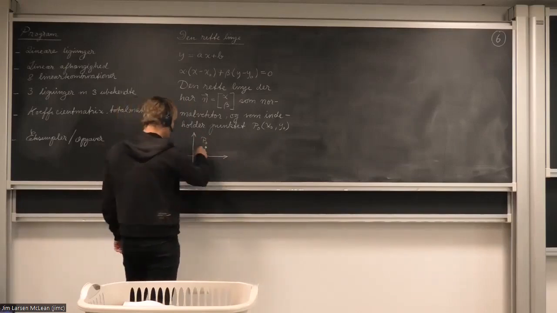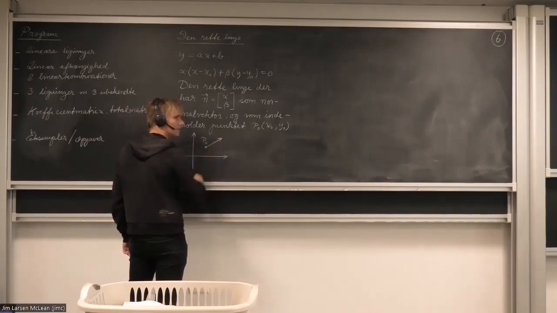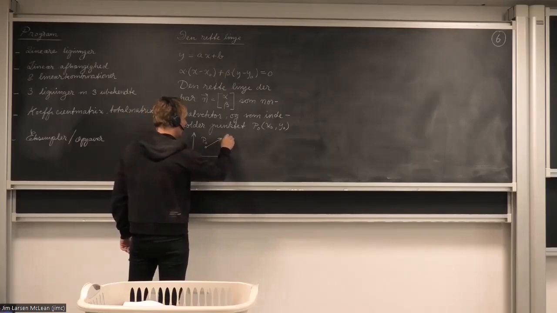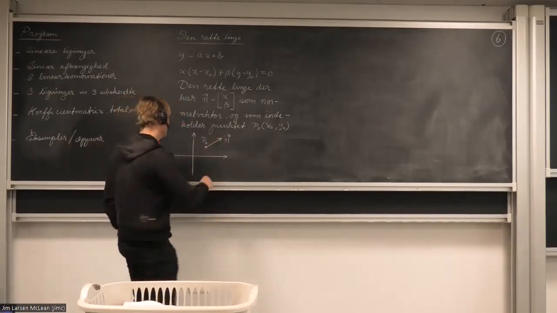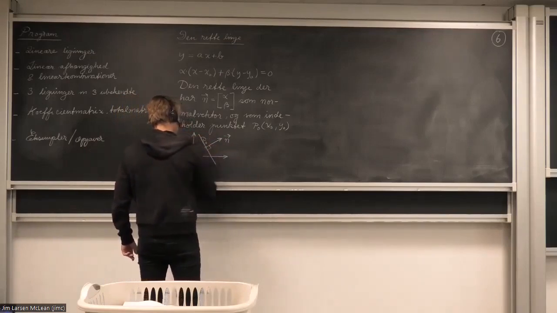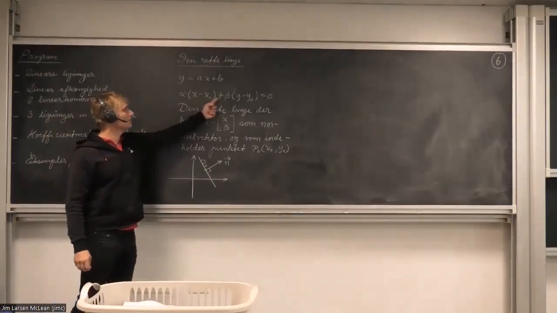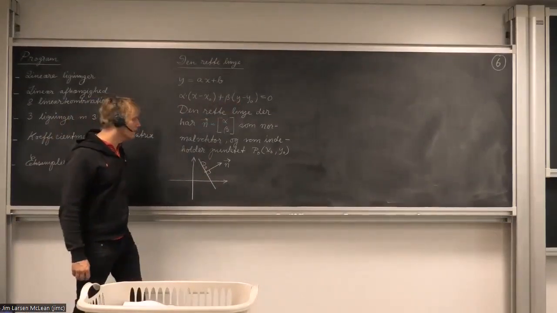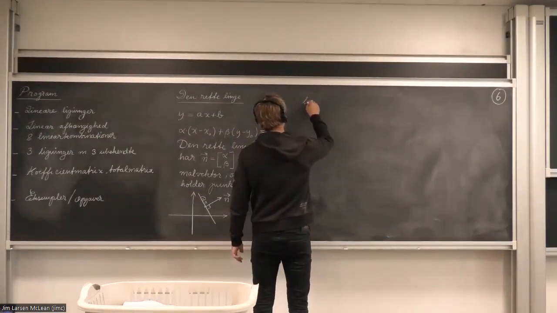But there is only one straight line that goes through this point and is perpendicular to this vector. And the only straight line that goes through this point and is perpendicular to that vector is the one I'm drawing now. Imagine it being 90 degrees. So that's another way you could describe a straight line.